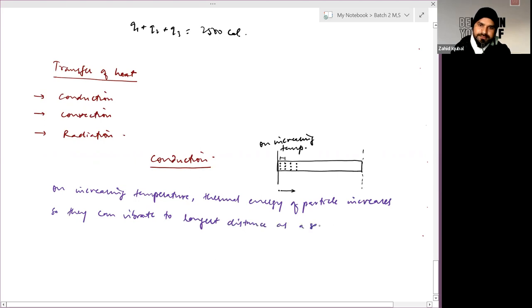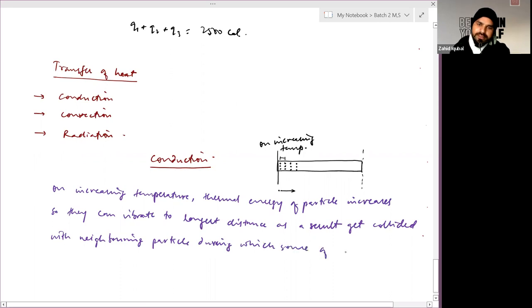As a result, they get collided with neighboring particles, during which some of their energy got transferred.